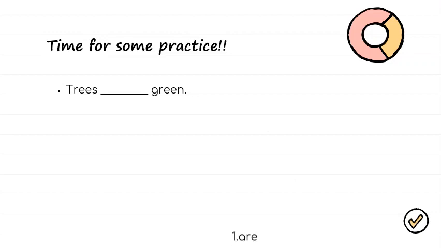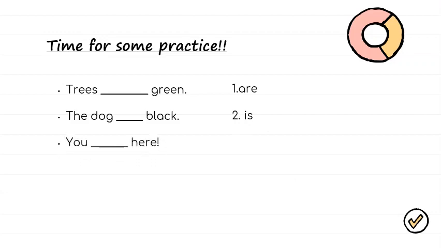So we use are. The dog, black. The dog is people, place, thing, or animal. It's an animal. And it's one or more. It's only one. So what should we use? Is.